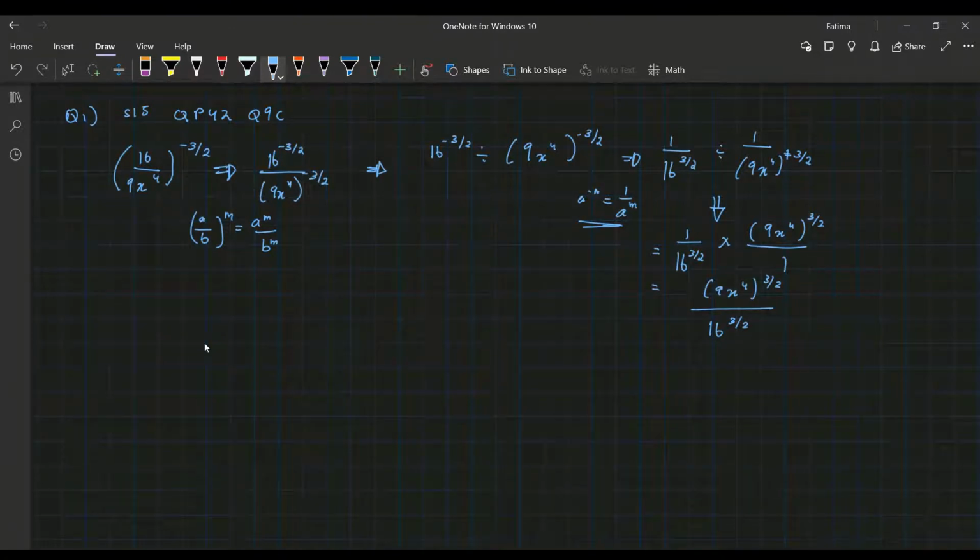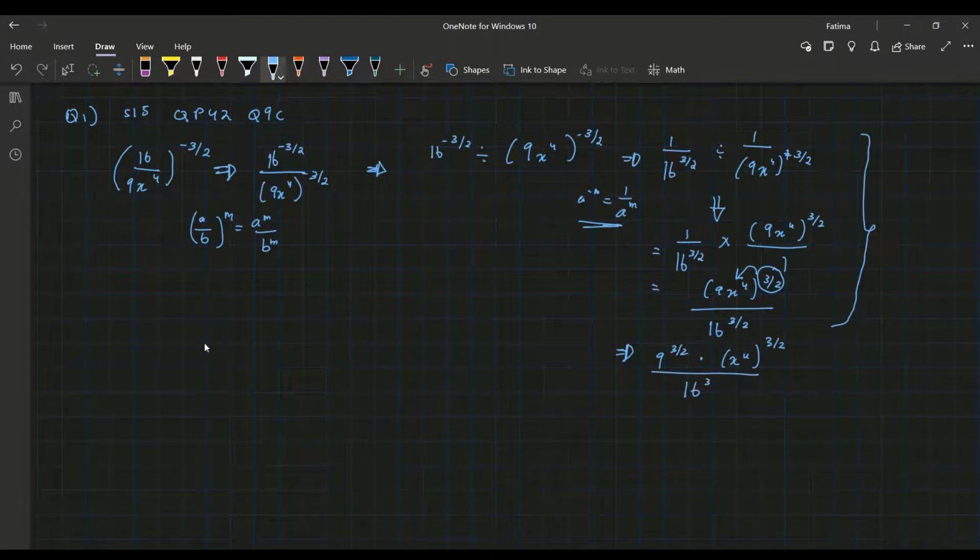So this entire part over here is fraction division. Now I would have to apply this power into everything inside this bracket. So this would be 9 to the power 3 by 2 into x to the power 4 whole raised to the power 3 by 2 upon 16 to the power 3 by 2.